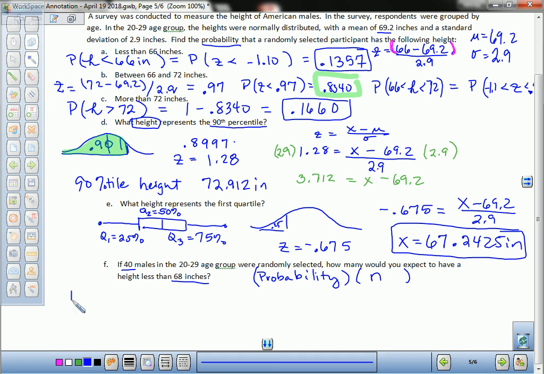So first we find the probability that our height is less than 68 inches. Have we done 68? No, we've got to find a z-score for 68 then. 68 minus 69.2. So we know it's going to be negative because it's less than the mean.